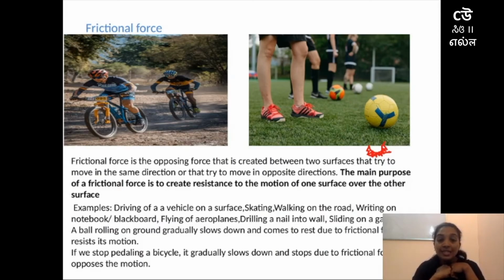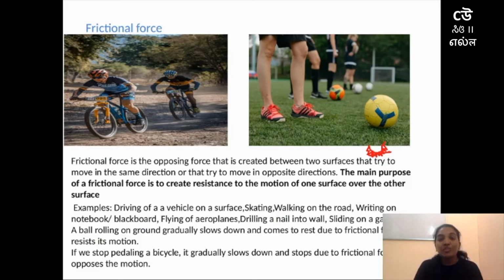Frictional force is the opposing force that is created between two surfaces, and this force acts between two surfaces. Frictional force is the opposing force that is created between two surfaces that try to move in the same direction. It can be observed when the objects try to move in the same direction or in opposite directions.